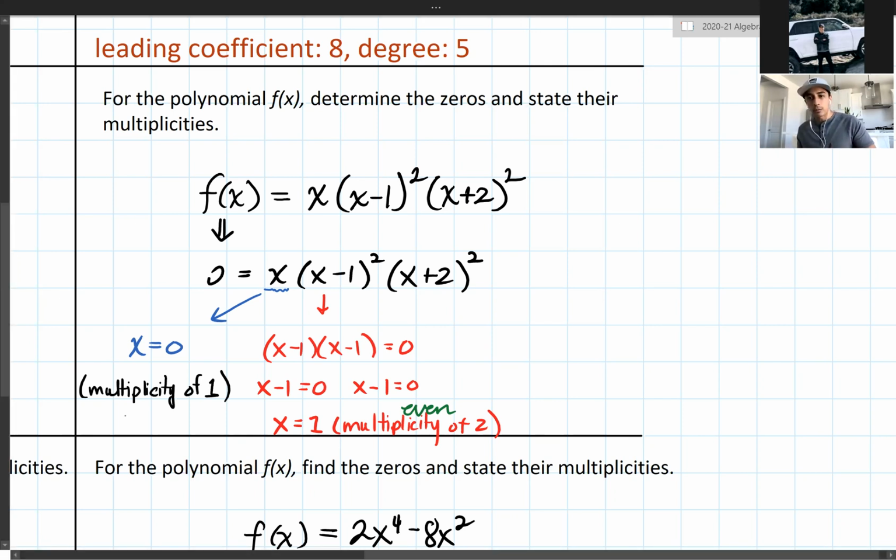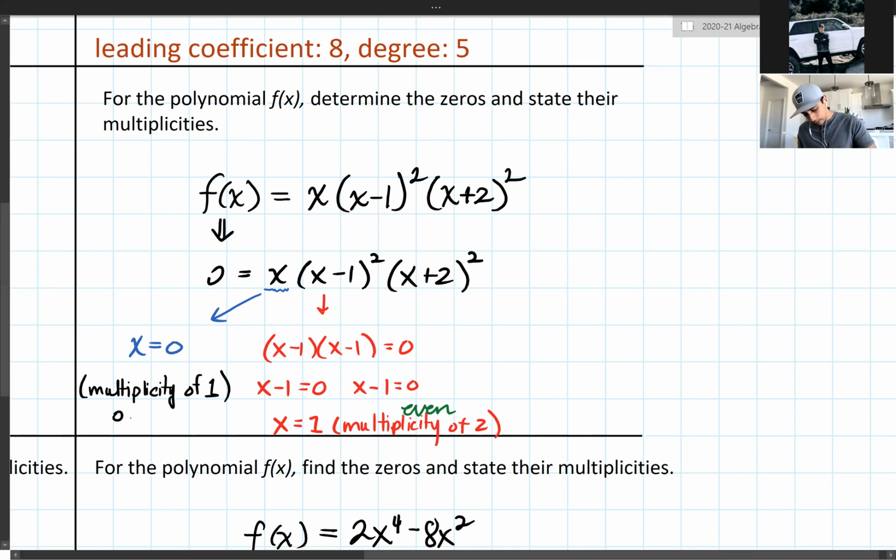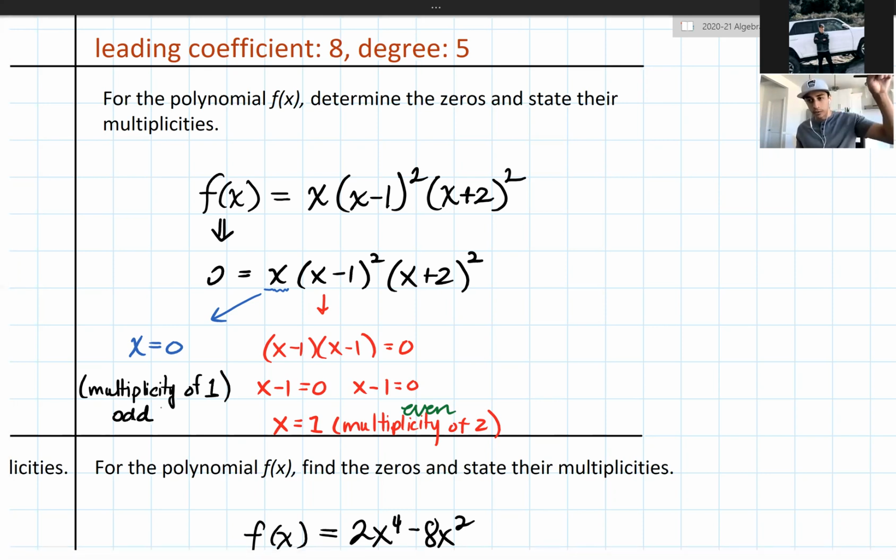If it's multiplicity of 1, what kind of multiplicity is that? Odd or even? That's odd, correct. So then we know that when it hits the x-axis at 0, is it going to bounce off at 0, or is it just going to pass right through? Is it going to cross the x-axis?